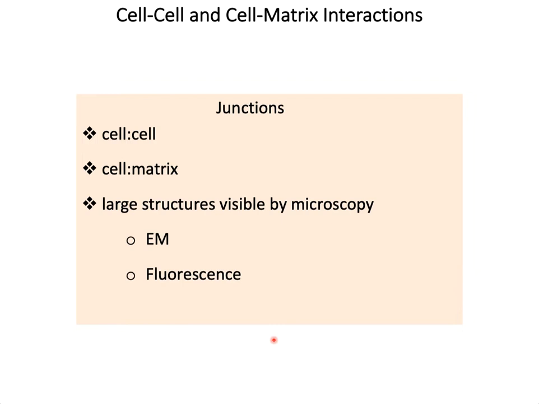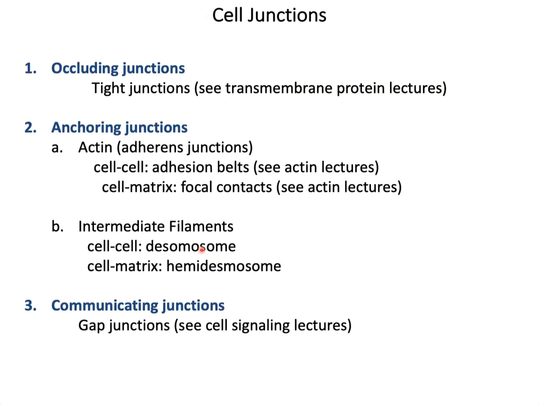Definitely visible by electron microscopy, and they are often visible by fluorescence microscopy, especially if you have the right fluorescence reagent and specific antibodies to view the various components of the junction. There are three main groupings of junctions. And I think what might surprise you is that we have looked at all of these structures in other contexts throughout the course of this semester.